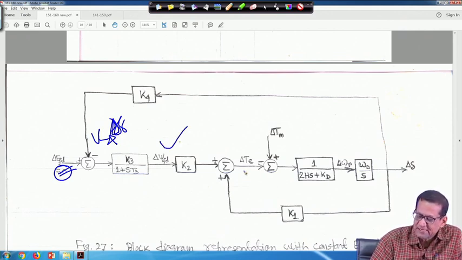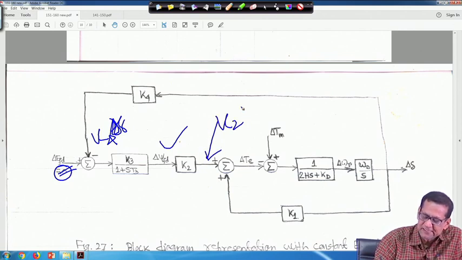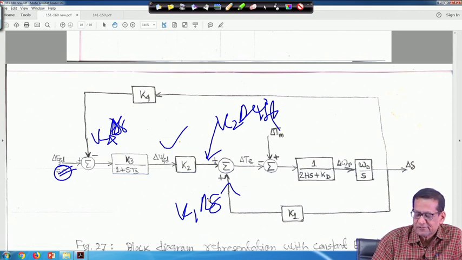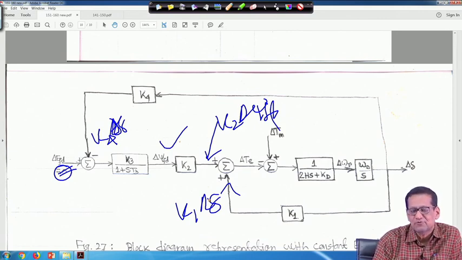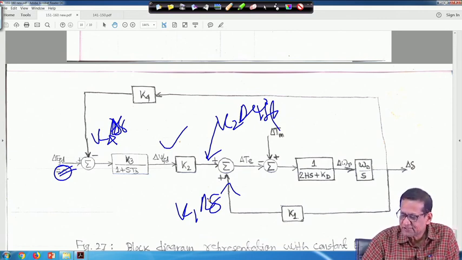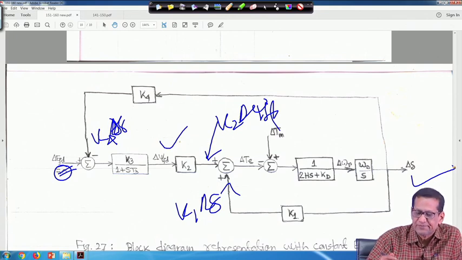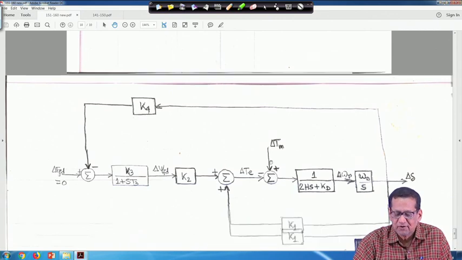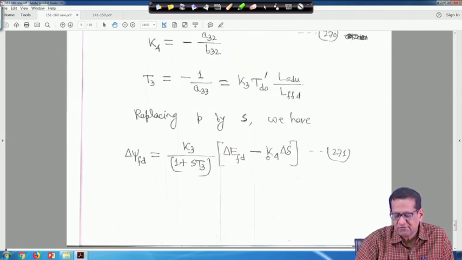Therefore, delta T, whatever you get, has two components: one component due to this delta psi fd, and another component coming from here, which is nothing but k1 delta delta. So, this is actually 4 constants so far; we have to make 2 more constants, but later we will see. This is your complete block diagram for all these equations in terms of k1, k2, k3, k4.